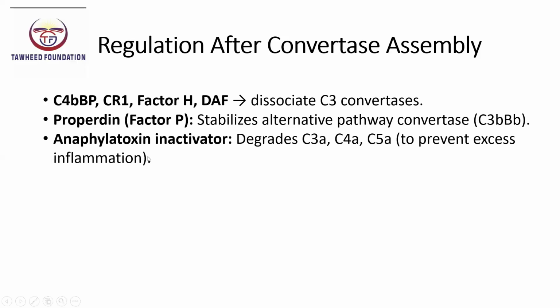Additionally, anaphylatoxin inactivator, also known as carboxypeptidase B, regulates inflammation by degrading potent inflammatory peptides C3a, C4a, and C5a, preventing tissue damage due to overactive inflammation. These mechanisms help keep the system balanced between effective defense and protection of self tissues.